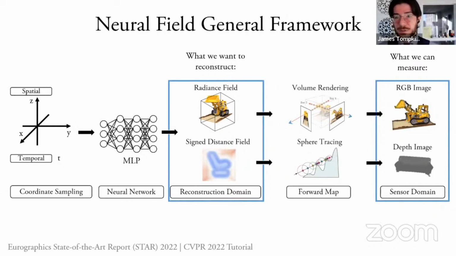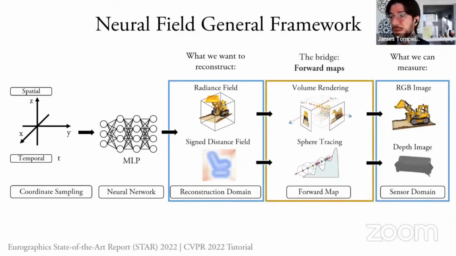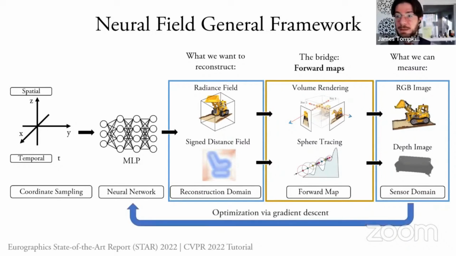And to generalize these, we call these forward maps. So it's things that take my reconstruction domain and then produce an image that I can compare to the sensed version of the image, such that I can compute a loss or an error. And then because I have built this within an auto differentiation framework, I can backpropagate a gradient from that error all the way back to the weights of my neural network to optimize the parameters such that the field is reproduced, such that the loss is minimized against the sensor domain.